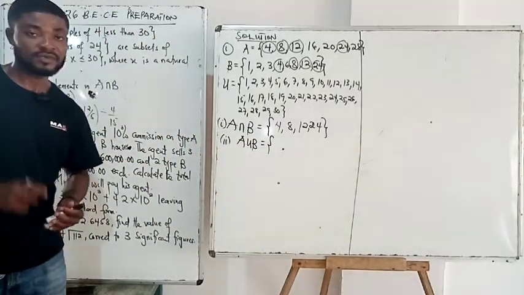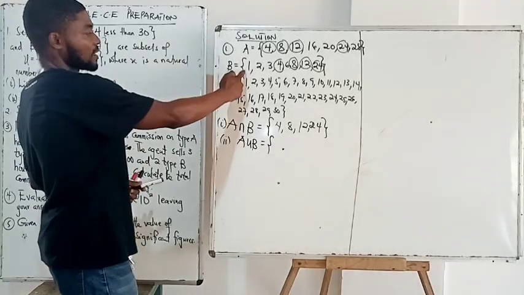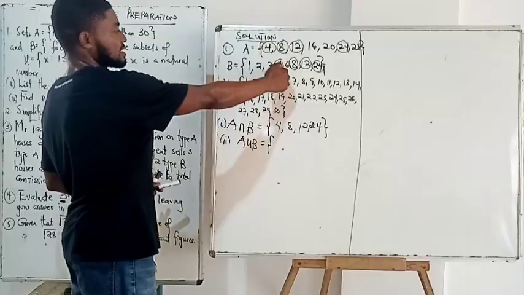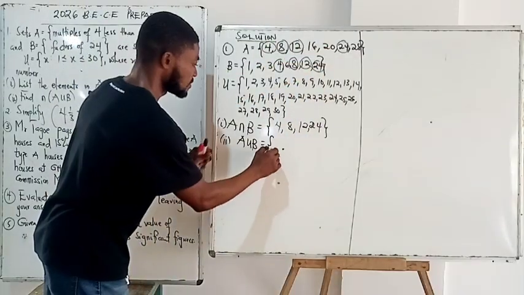A union B has to do with a combination of A and then B. So starting with the smallest one, which is the 1 here, the 2, the 3, the 4, the 6, the 8, the 12, the 16, 20 in that order.